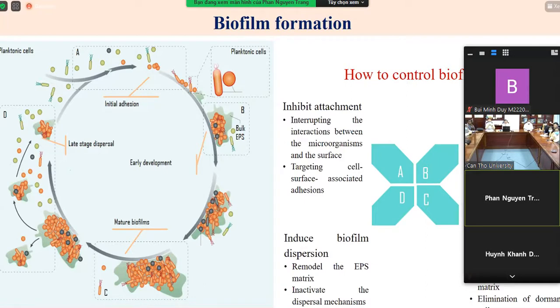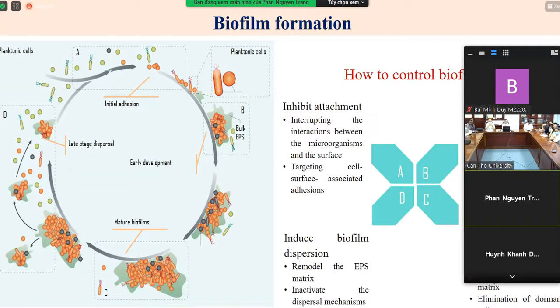After that, the biofilm becomes thicker with multiple layers to become a mature biofilm. Finally, in the dispersal stage, it releases planktonic cells to form a new biofilm.